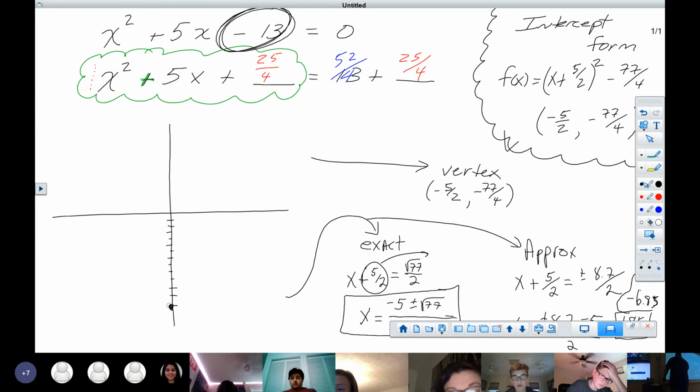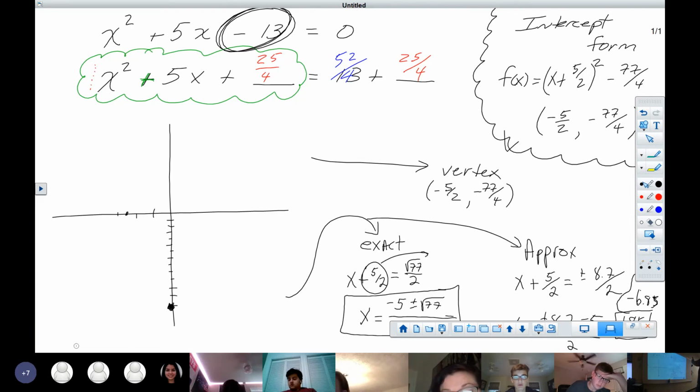Now, since my parabola is opening upward because it's positive, I know that my vertex is below that y-intercept. Vertex is -5/2, which is -2.5. And down 4 will go into 77 one time.